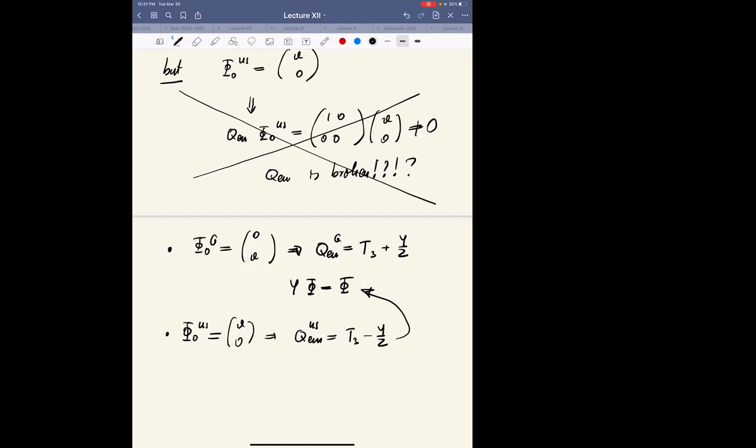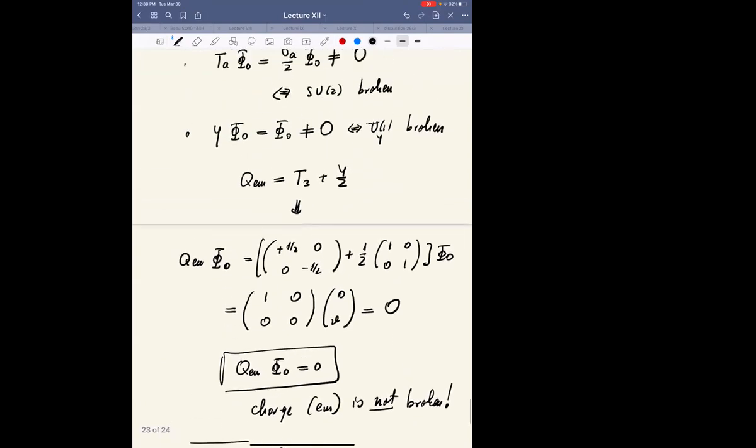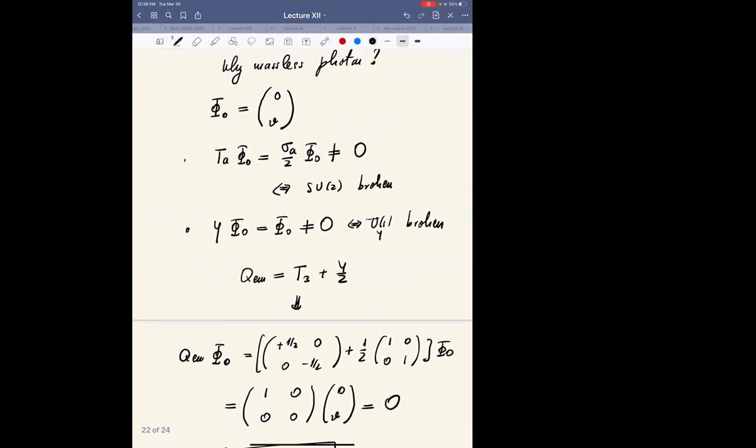So here, it's very easy to see that this one, for example, acting on phi_0 us is 0. There is always one linear combination which is unbroken, obviously. You will just put different coefficients.